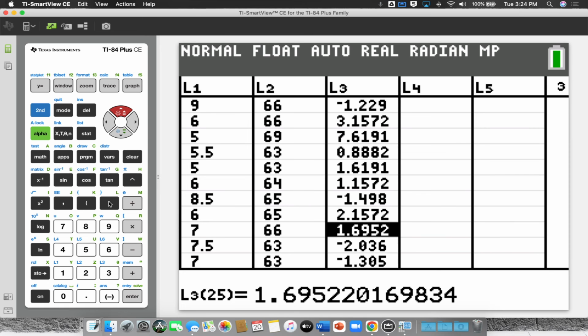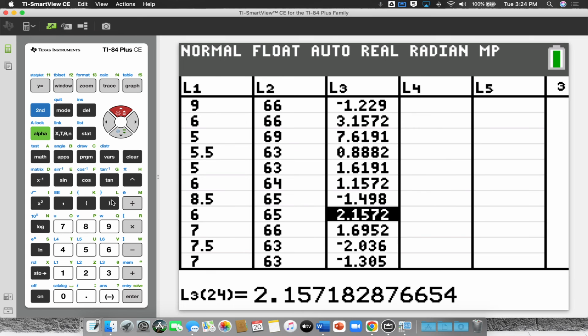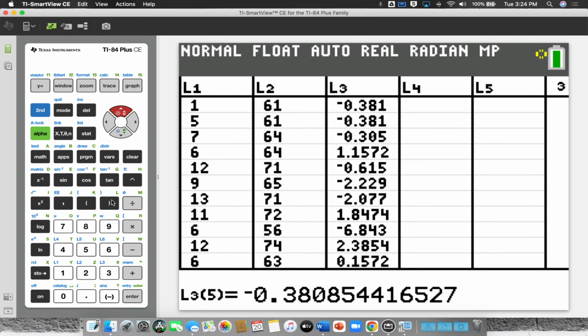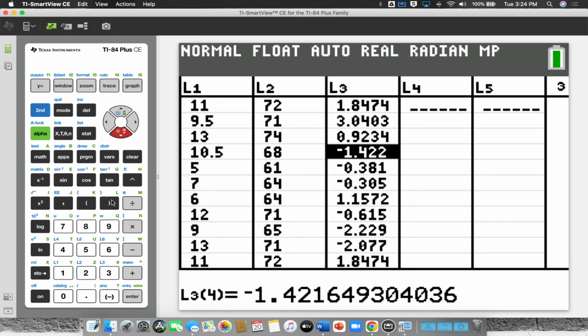There it is right there. Shoe size of 10 and a half was negative 1.4 or something. There it is, negative 1.422. Okay, that's how to calculate residuals quickly. Could I have done this by hand? Yeah, you could have done it by hand, but it would have taken a little longer.